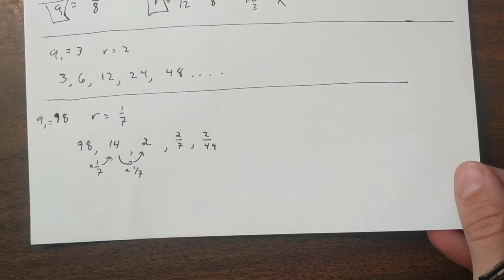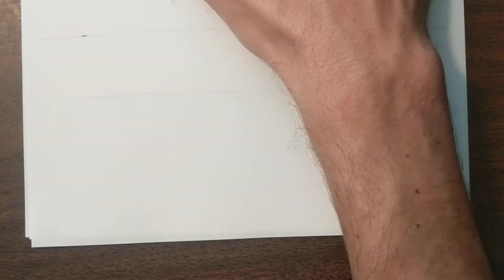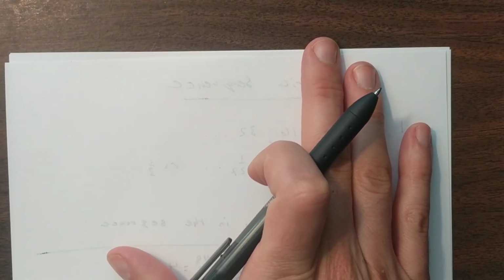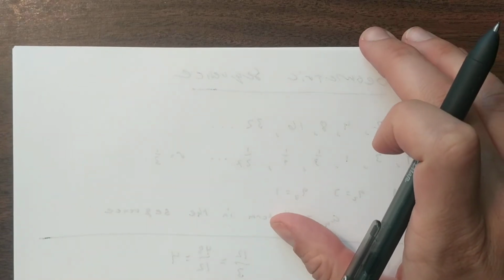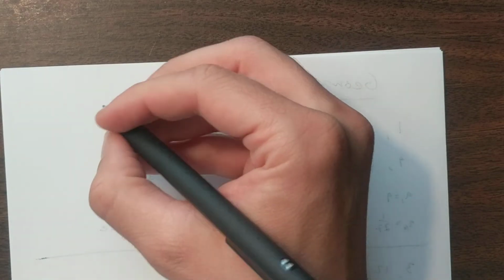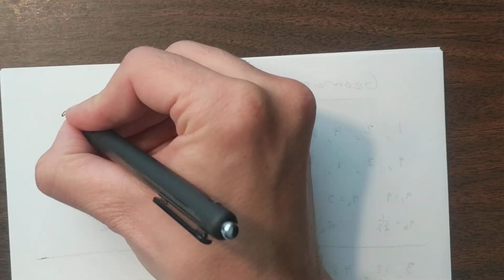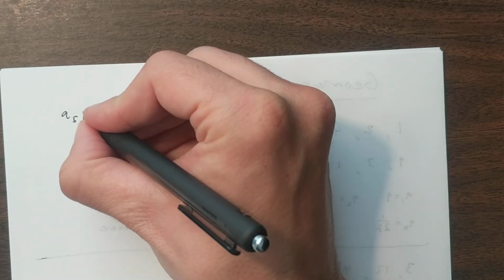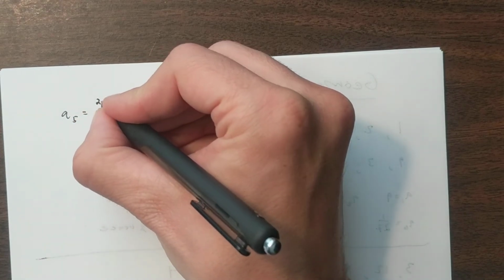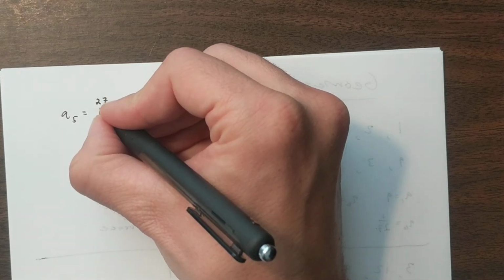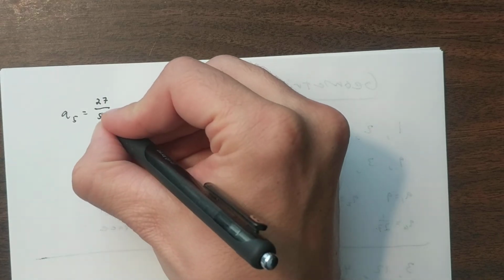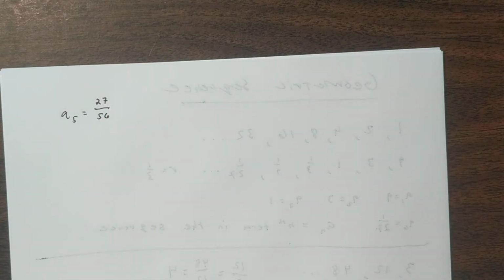What if, let's do something a little bit more interesting. What if I give you the fact that my a sub 5, my fifth term here, is 27/56, okay?